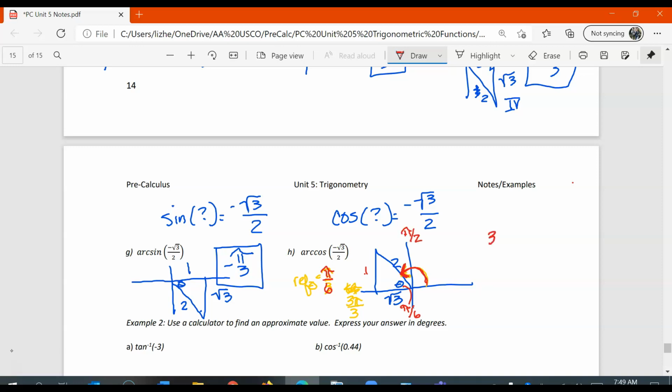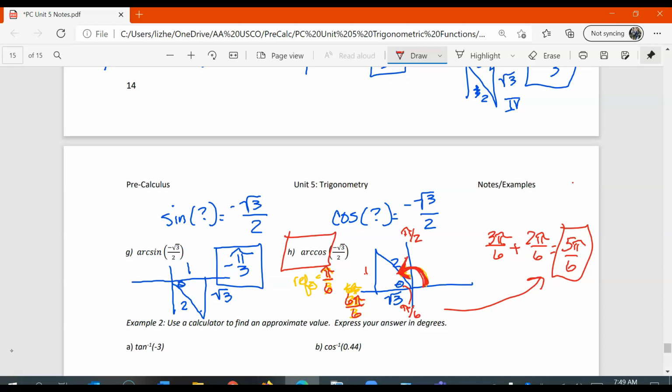So that would be 3 pi over 6 plus another 2 pi over 6 to get to the reference angle, and so our total is 5 pi over 6. Another way you could do that is 6 pi over 6 minus pi over 6, which gives me the 5 pi over 6. So when you're doing the inverse cosine of a negative number, be very careful. I'm interested in this angle, not in the reference angle. Okay?